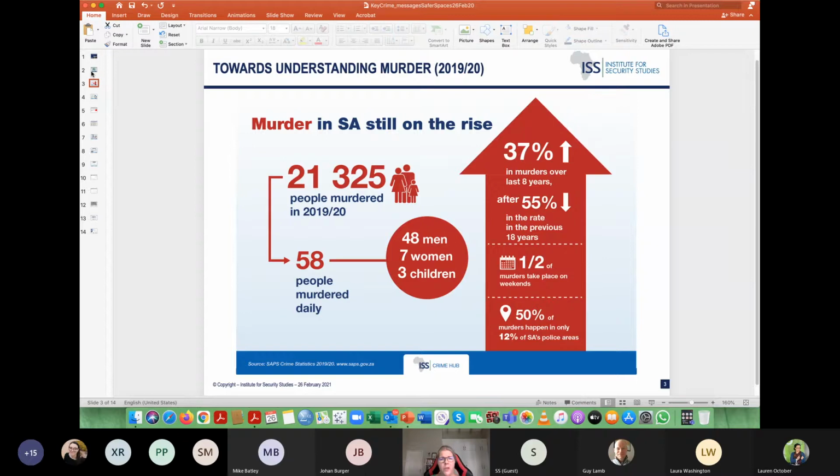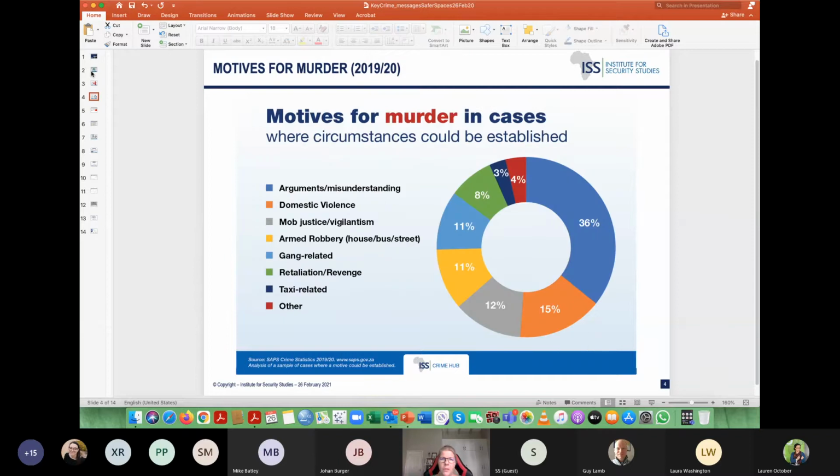there's a very strong temporal aspect to murder. And as Guy pointed out, 50% of murders happen in only about 12% of police stations. And most murders, or half of murders, take place over weekends, indicating its social, interpersonal fabric.